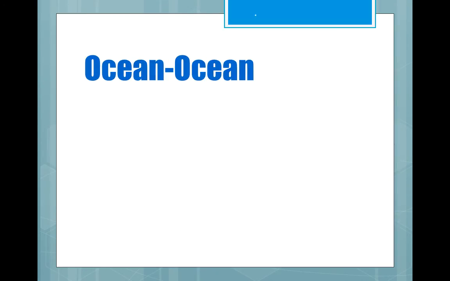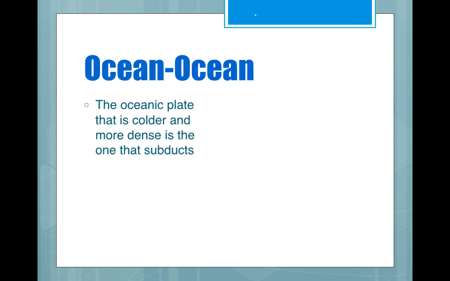Final type of convergent plate boundary is ocean-ocean. Now here you would seemingly assume that because we have two of the same plates, we're going to get more mountain ranges. However, ocean crust is different because the temperature of the ocean is very variant throughout the ocean seafloor.